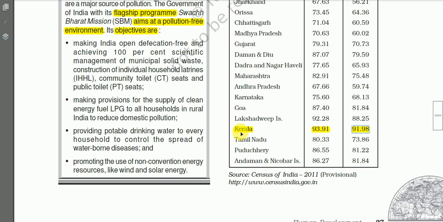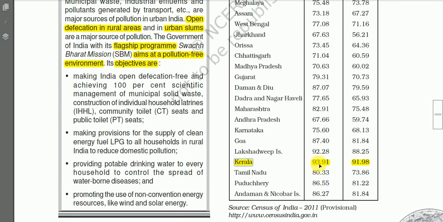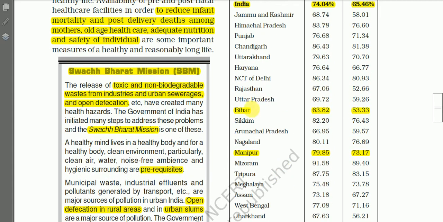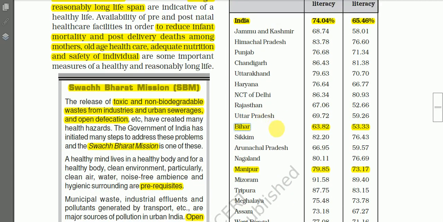Remember, Kerala has the highest literacy rate with 93.91%, and Bihar has the lowest. The literacy rate is 63.82, and the female literacy is only 53.33. But Bihar has been improving, because it was only 46 in the year 2001.